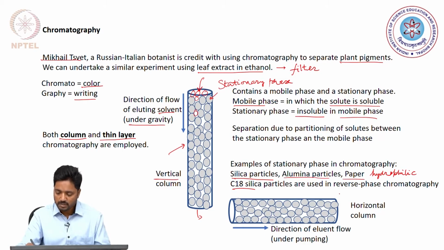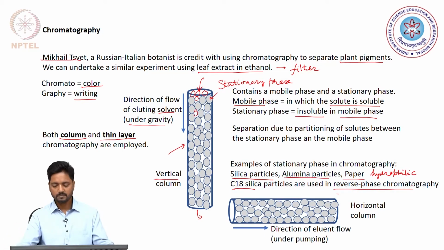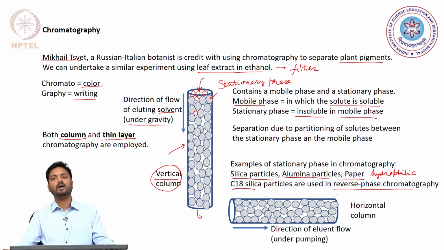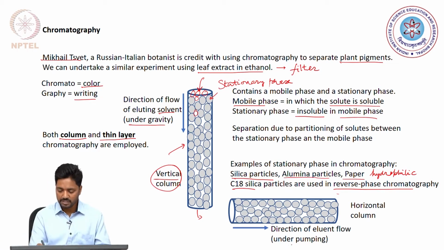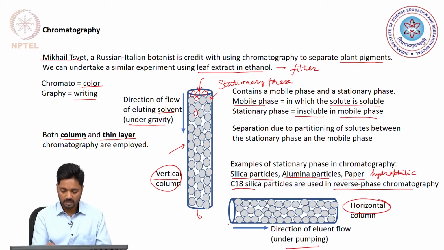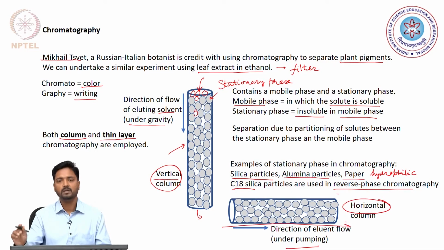This is what is known as reverse phase chromatography. Now, typically we will be using the column in a vertical position. However, under pumping conditions, we can even keep the column in a horizontal position and pump the eluent from, say, left to the right of the column.